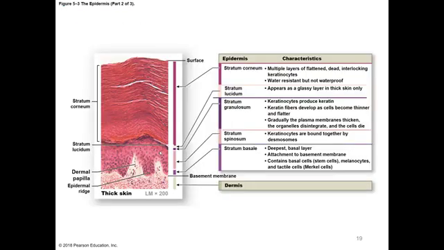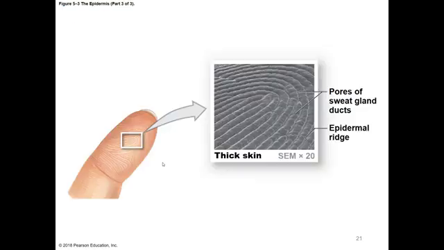Okay, so we looked at where that was down here at the bottom. We want to move up now to the next layer of strata. Before we do, let's touch on one more thing regarding the epidermal ridges. Epidermal ridges are very noticeable and steep on the fingertips, and because of that, they cause the skin to ripple on the surface, and we call those fingerprints.